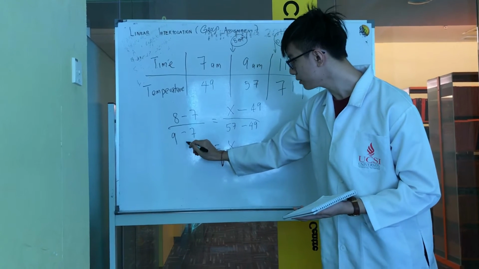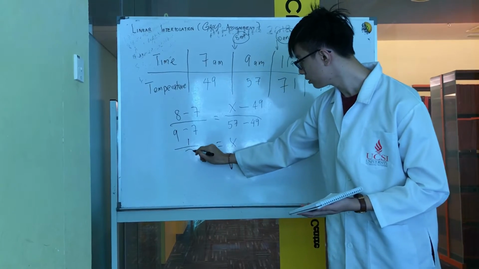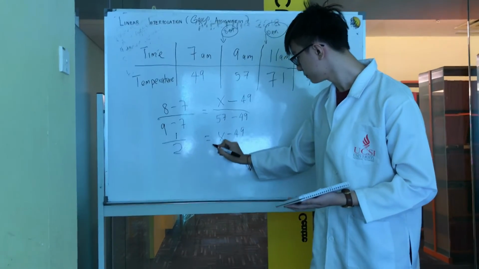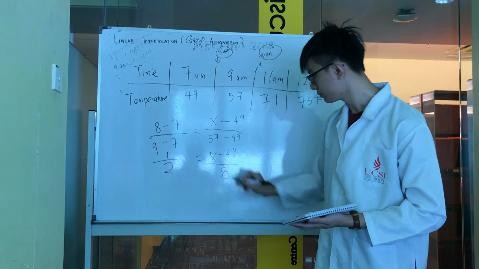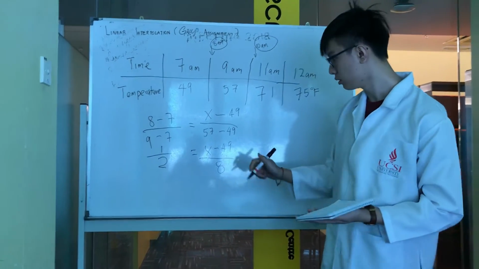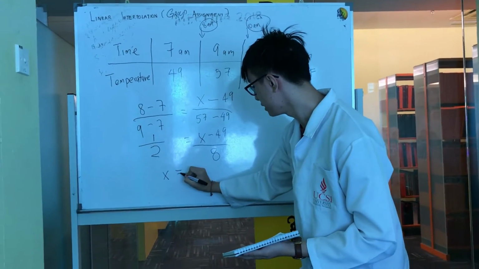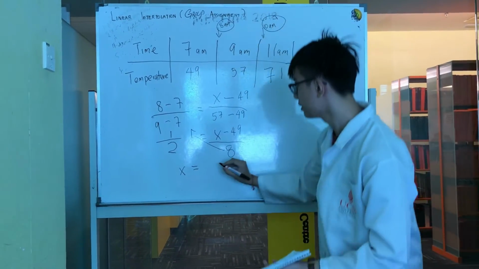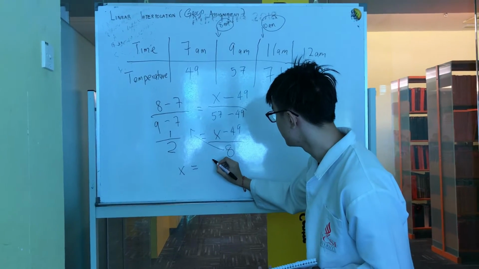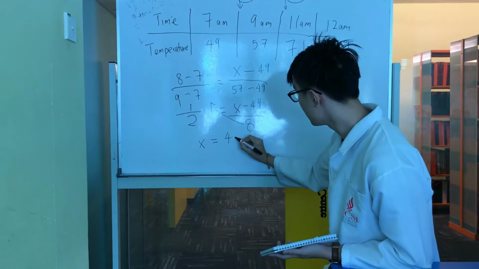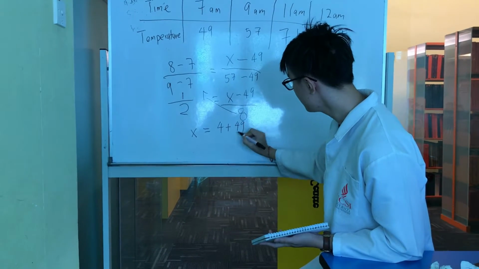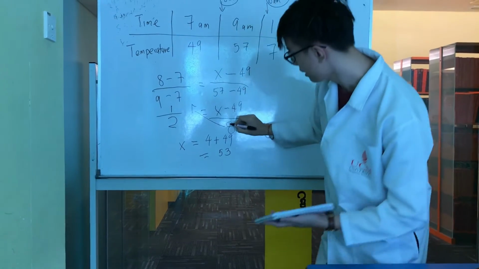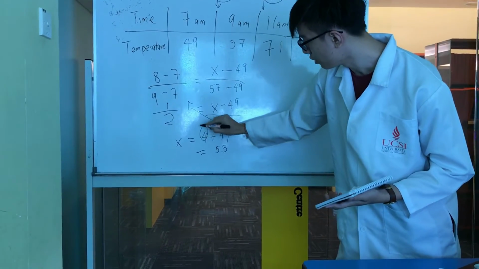This is 1 over 2. Then this is 49. This is 8. So we can get our reading as this shifted, and this will be 4 plus 49, which is 53. So 8 divided by 2 will be 4.